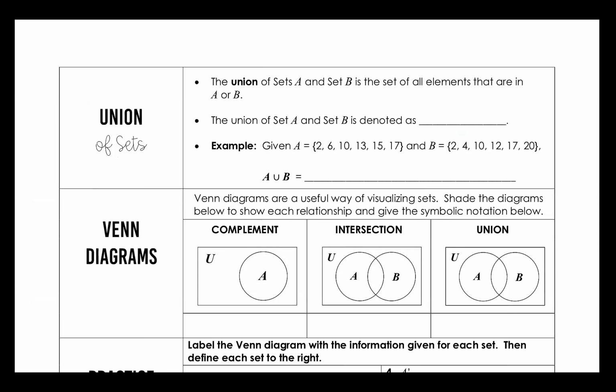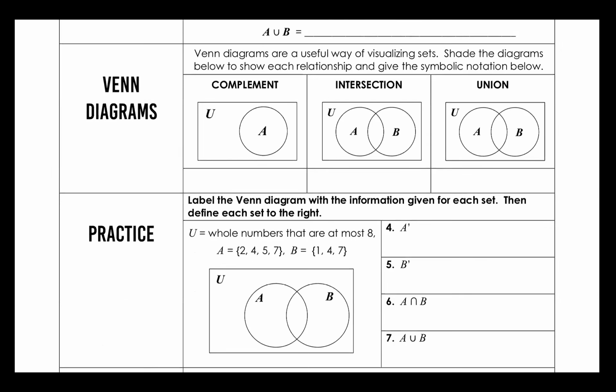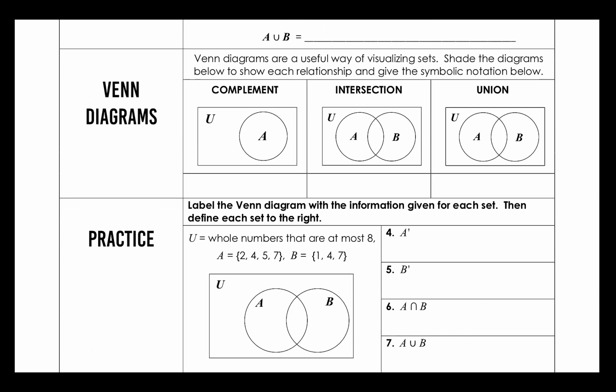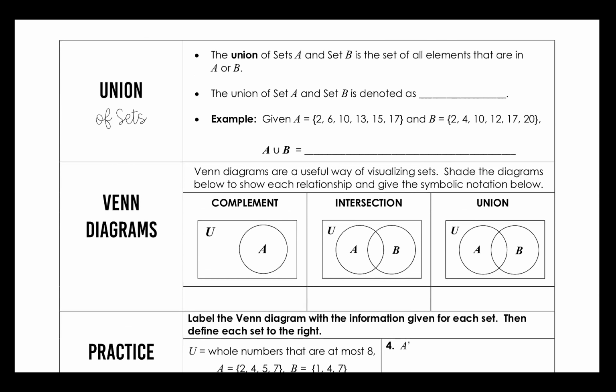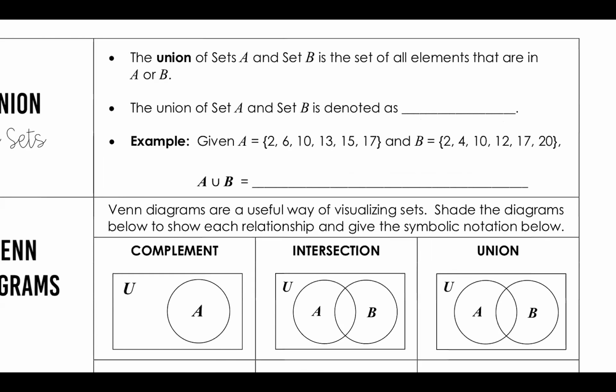And then one of our last things with sets is called a union. So a union is in A or B. It makes a little U looking symbol in the middle, and it's just where A or in B. So A union B. So this means that if it's a data point, it can be in both sets.